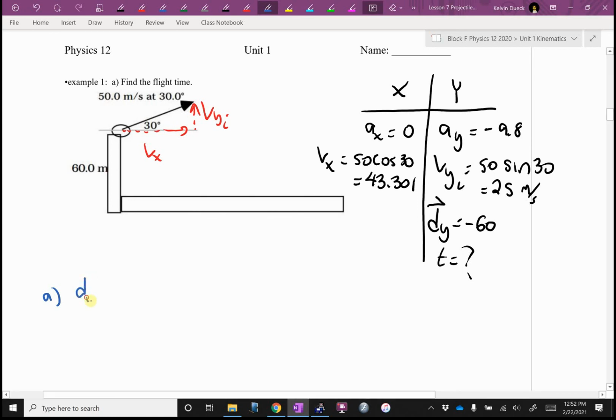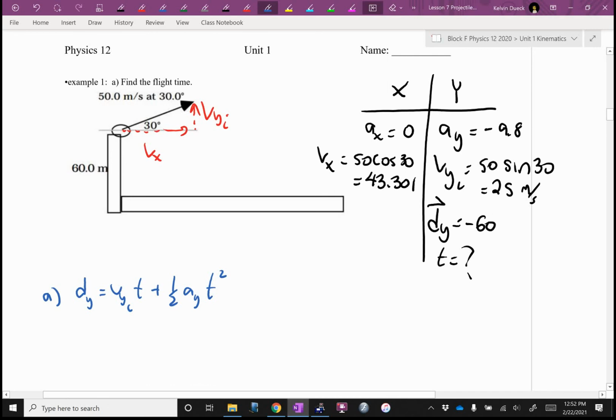It's going to be dy equals vy initial t plus a half a y t squared. I won't take marks off if you don't put the y's there, but they'll take care of themselves because there's so much room to make silly mistakes. I want to reinforce vertical. Okay? Common mistakes. Kids say Vi is 50. No. We're never going to use the slanty.